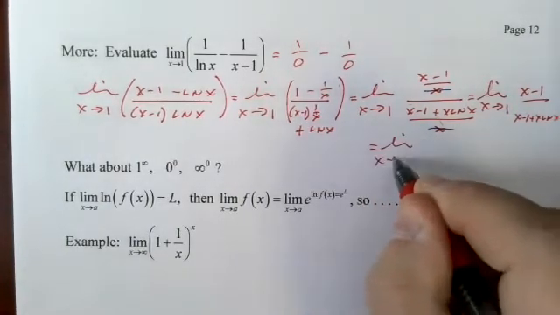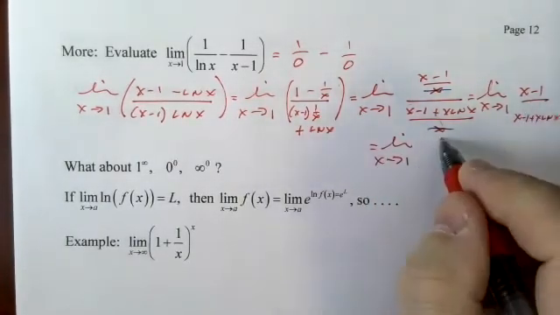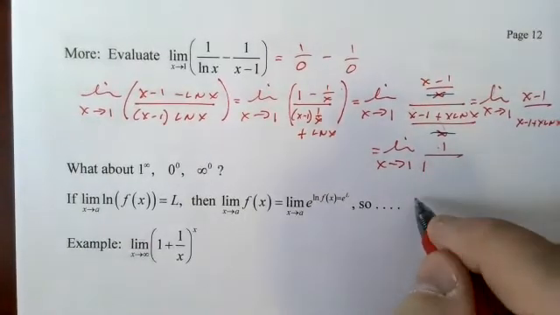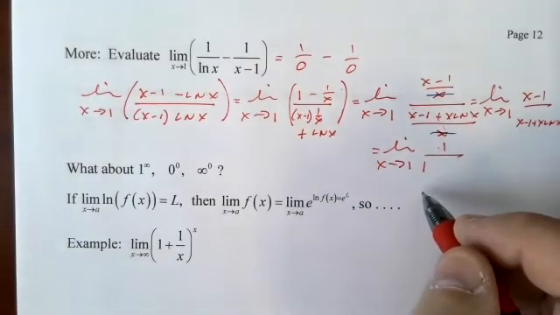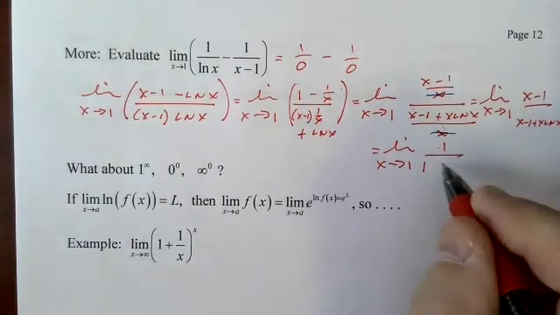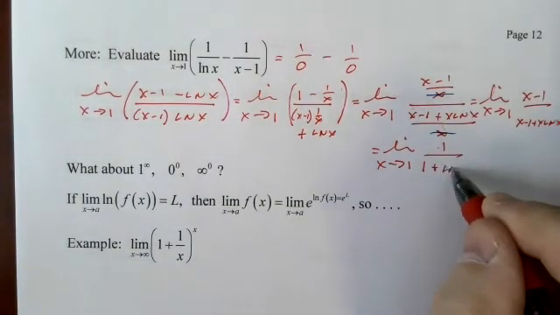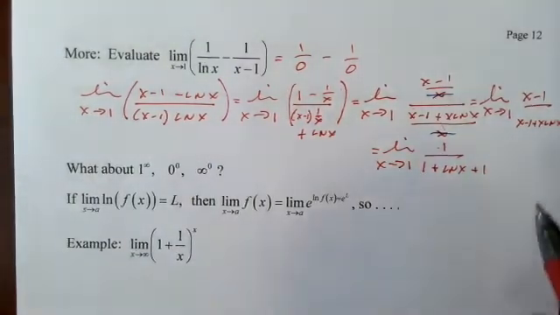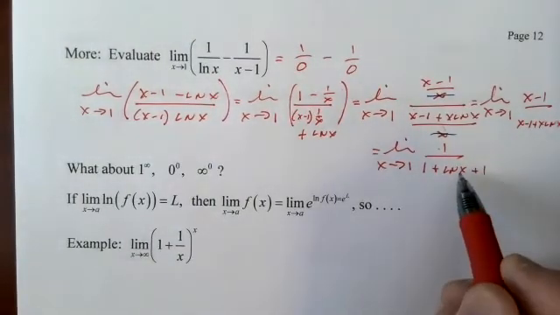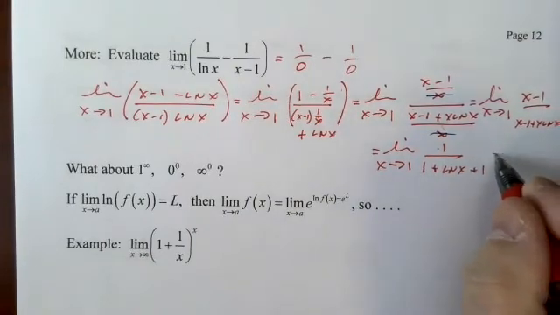Limit as x approaches 1 of 1 over 1 plus ln of x plus 1. Yeah. Plug in 1, 0, 1/2.